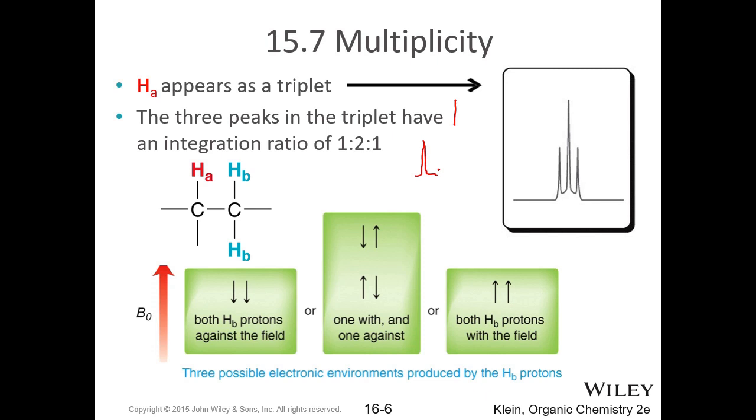In either case, those two magnetic fields from the other nuclei are canceling each other. And so then the hydrogen A will be experiencing exactly the B0. It doesn't change. And then if they're both down, again, we're seeing a shift where it's decreasing that.